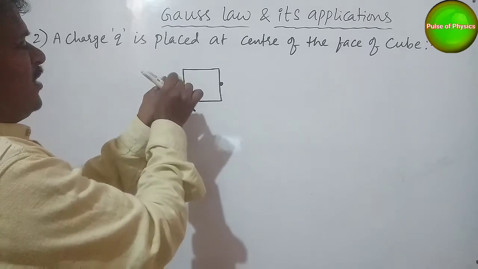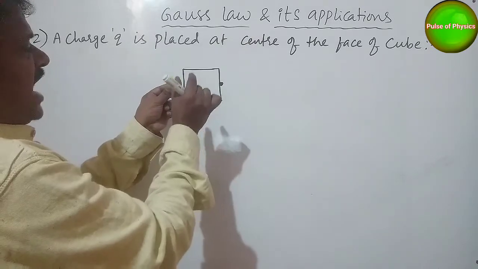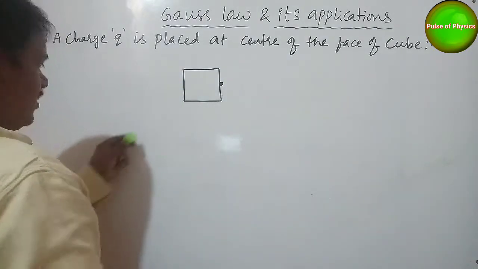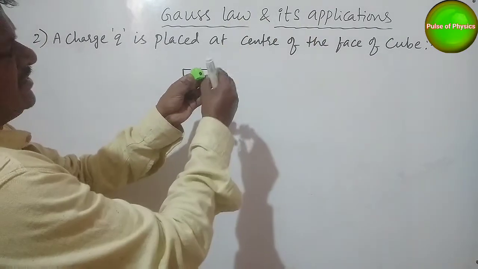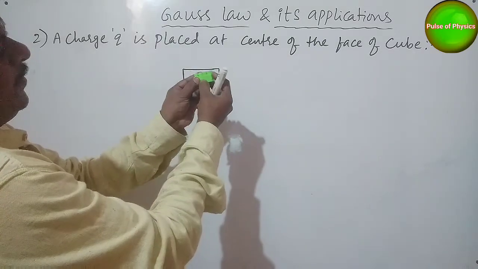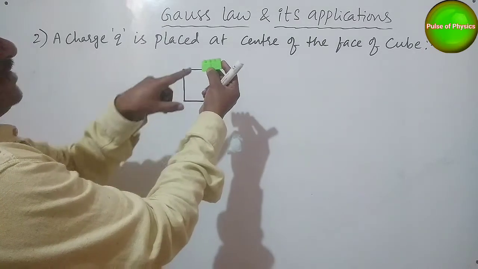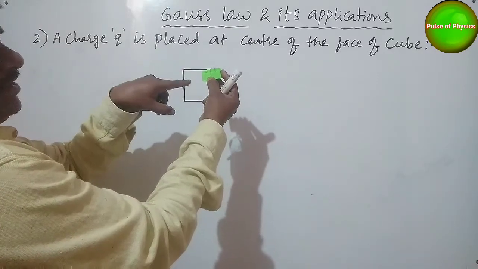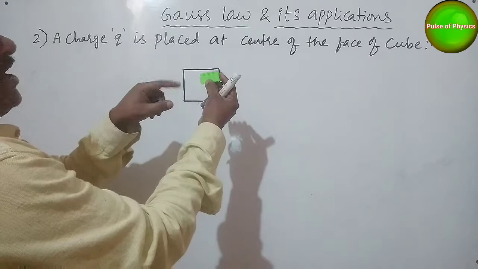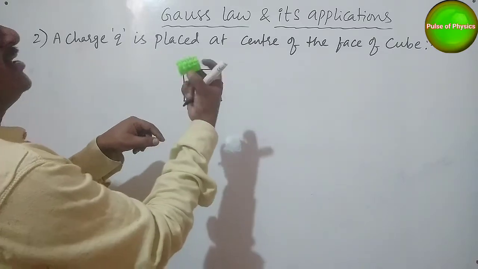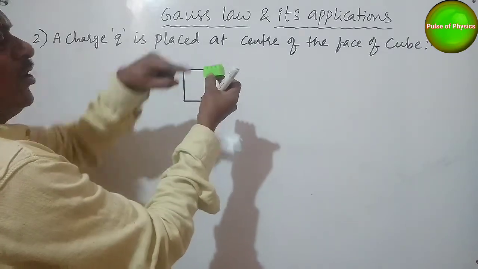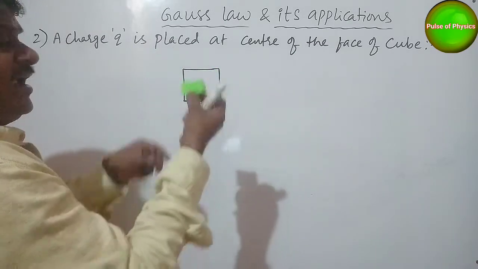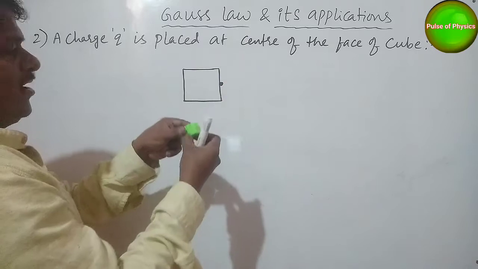If I take a similar cube and arrange it adjacent to this one, what happens? Like this. Now the charge is at the middle of the two cubes, the mid place. Now you see, the charge is enclosed. Okay? It is in a closed surface. At that time we can apply Gauss law now.